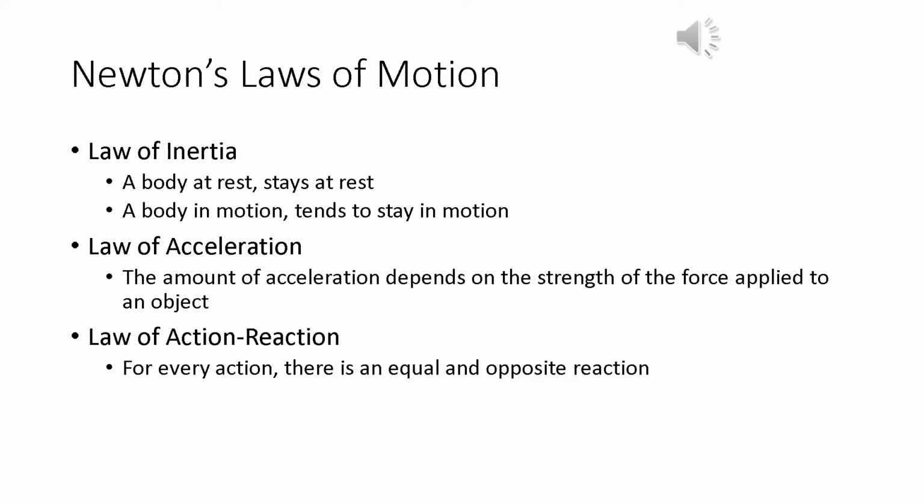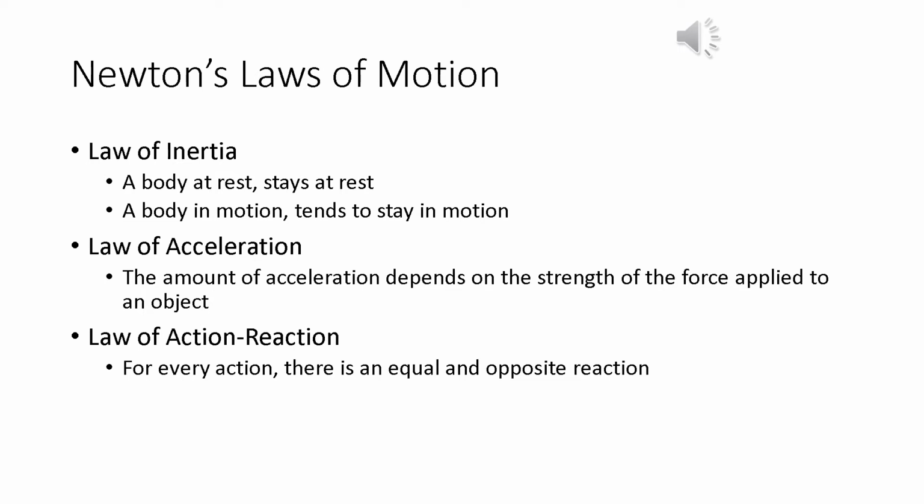If you pull your foot back slightly, bend your knee slightly backwards, and kick the ball, you'll notice that the ball will move forward. If you take your leg and bend it more significantly backwards, and kick it with more force and strength, what you'll find is that the ball is going to move further forward. So that's the law of acceleration.